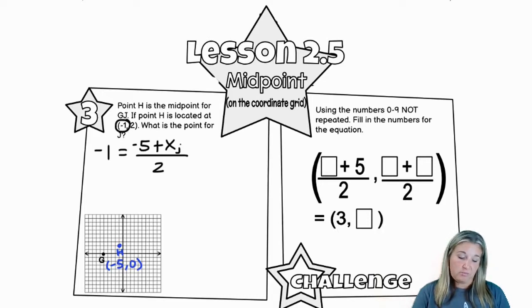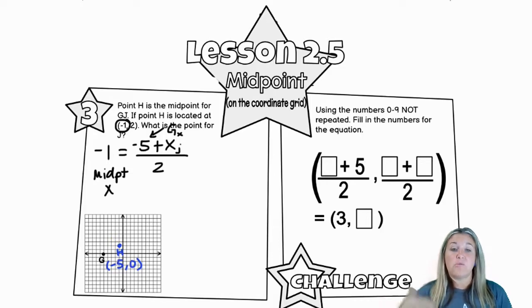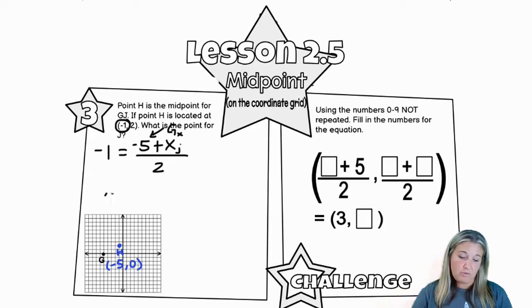So here's my midpoint x. And then this is my Gx. And then this is my Jx, and I don't know it. So now I'm going to solve for it. Remember, anytime you're dividing by something, you can multiply to get rid of it. So I'm going to multiply to get rid of the 2.